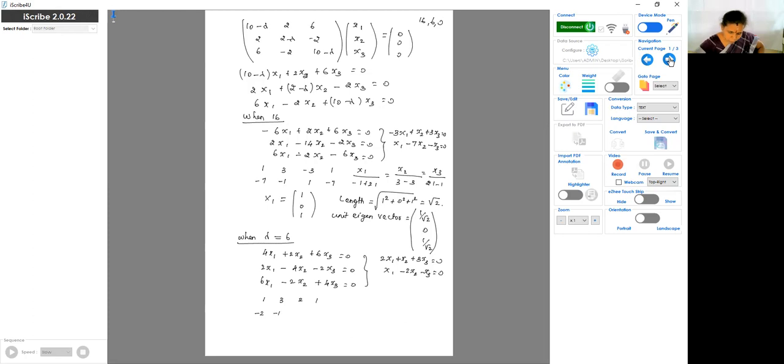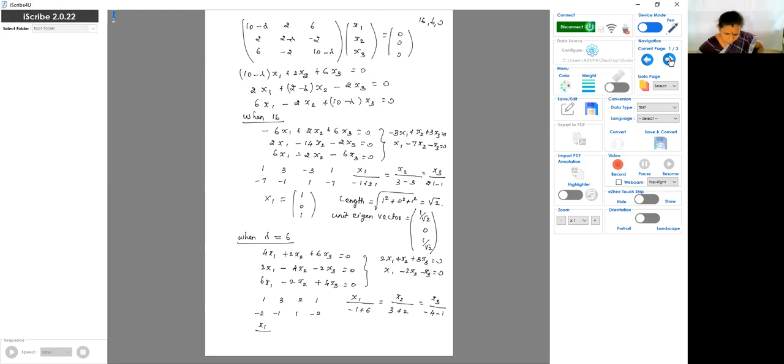Minus 2, minus 1, 1, minus 2. So applying the cross multiplication rule, it is x1 by minus 1 plus 6, x2 by 3 plus 2, x3 by -4, -1.